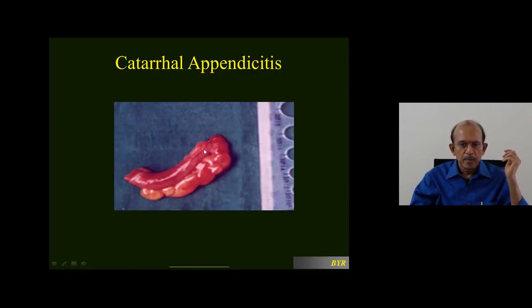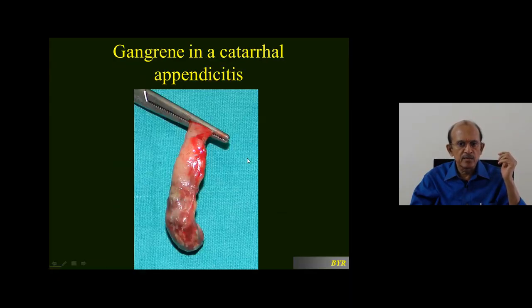You can see here, this is the appendix, which is very much congested, shiny, and edematous. This is the mesentery, and you can see the mesentery is very much swollen because it has become edematous. So, an edematous mesentery with an edematous, congested appendix: this is catarrhal appendicitis.